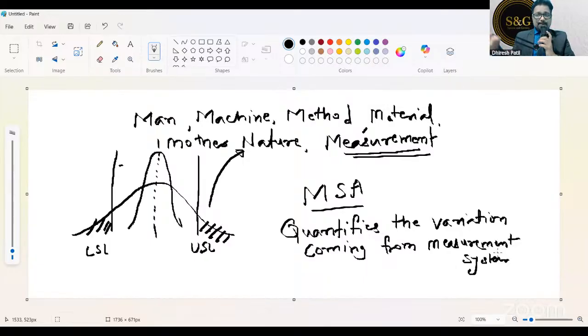Now type in the chat box, in your process, what kinds of measurement systems are you using? For example, some of you would be using weighing scales, thermometers, pressure gauges, vernier calipers, screw gauges, or speedometers.